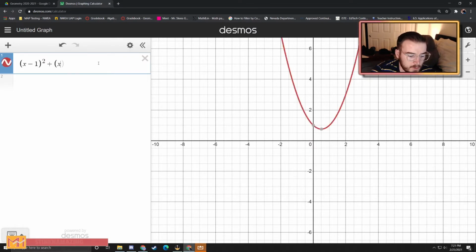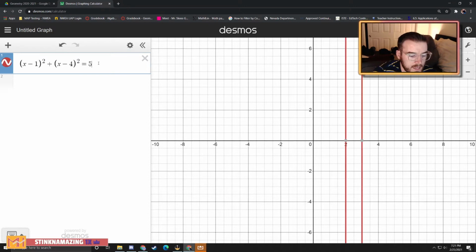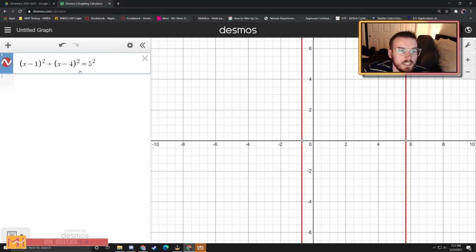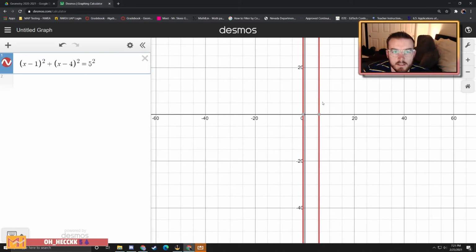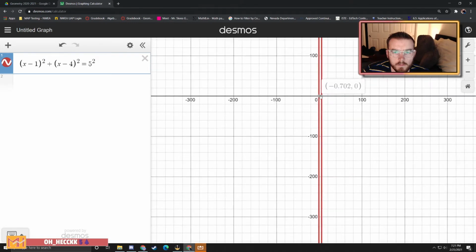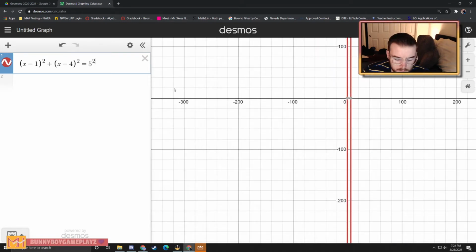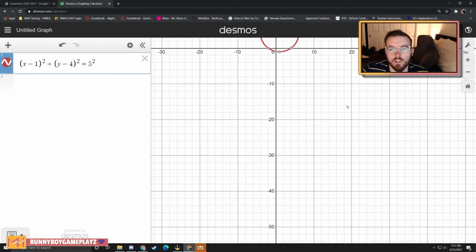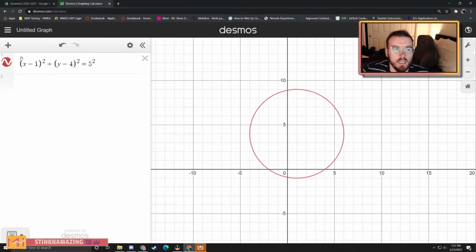And if I type this, look at what I've just created. A circle, by typing (x minus 1) squared plus (y minus 4) squared equals 5 squared.